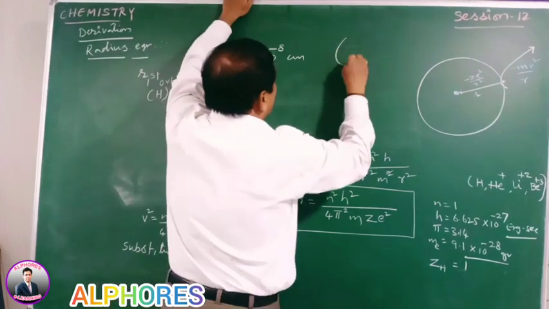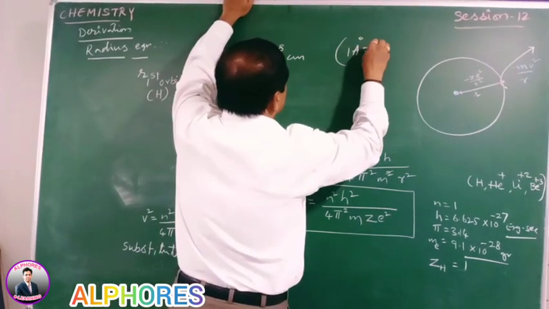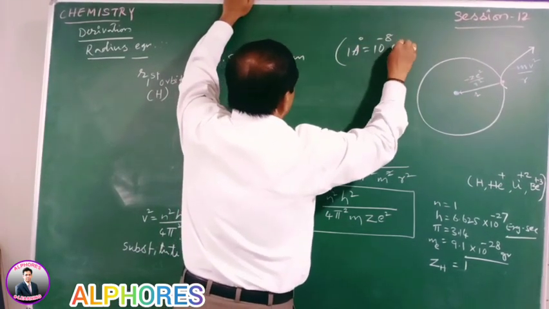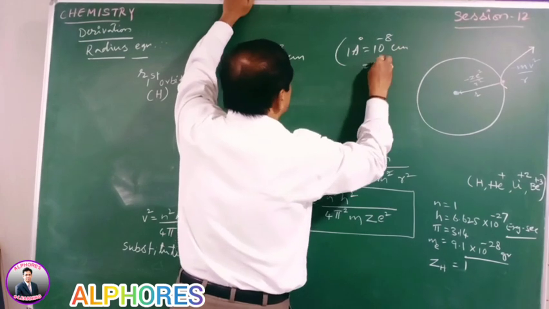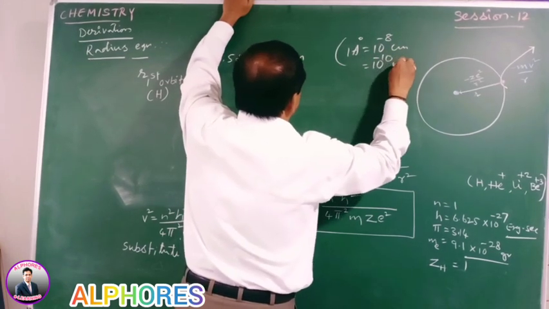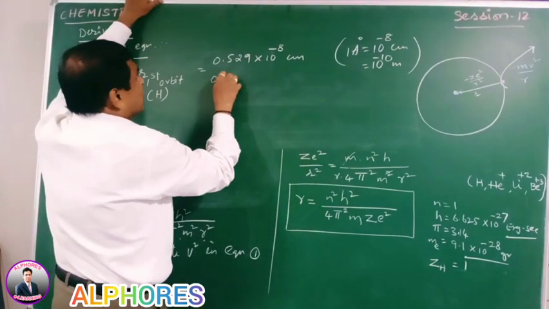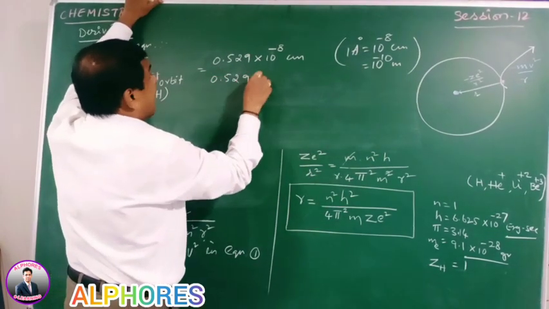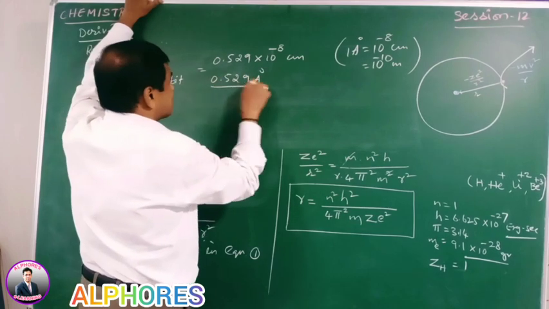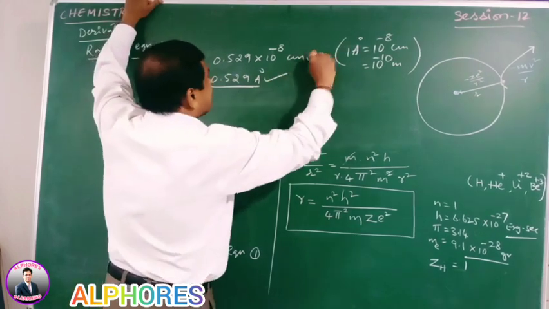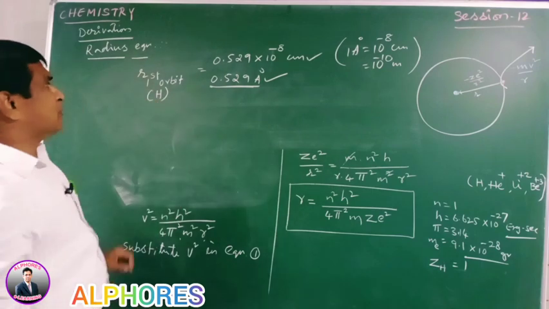As we know, 1 angstrom unit is equal to 10 to the power minus 8 centimeters, or 10 to the power minus 10 meters. Then we get 0.529 angstrom units. It is in centimeters and it is in angstrom units.